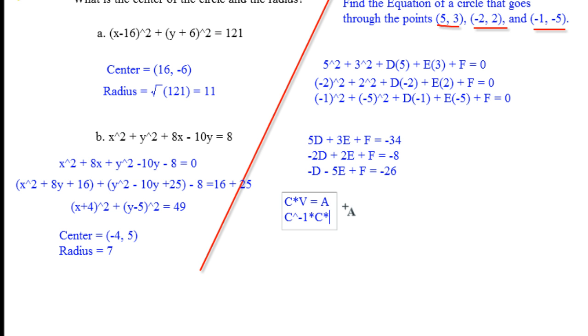You'll see why. And if I do it to one side, obviously I need to do it to the other side. Okay, because this turns into the identity matrix, which is just those ones and zeros.